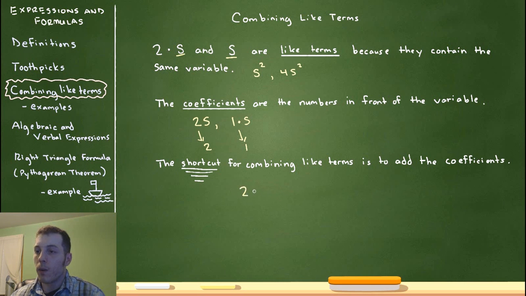So if we have 2 times s plus s, and we want to combine like terms here. Now in all practical cases, we would apply this shortcut, okay? I mean, once we know what we're doing, we could use the shortcuts to bypass a lot of minutes of extra work here. So 2s plus s, you may already know it's going to be 3s, right?